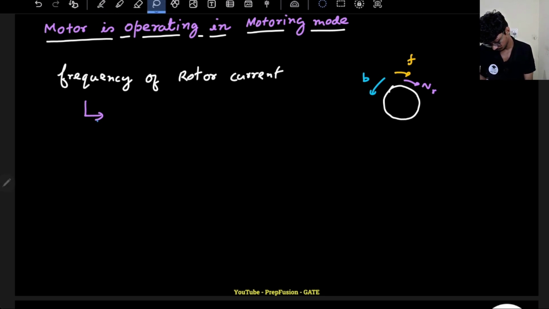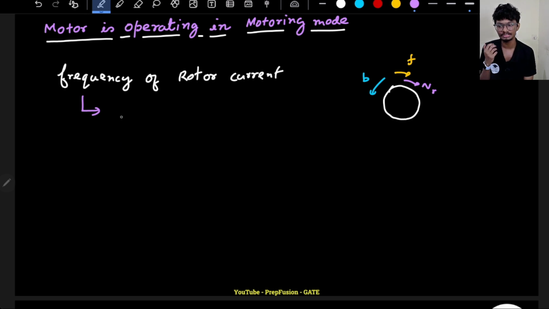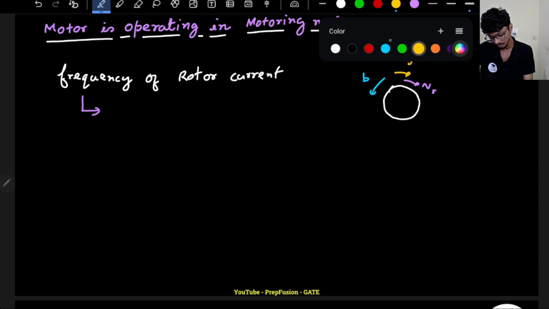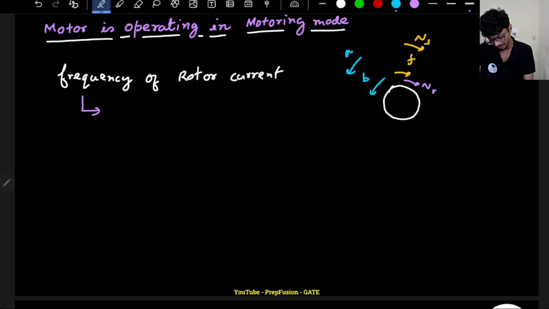Now for the forward field, what is the slip? Because frequency is dependent on the slip, right? So what is the slip? Obviously the forward field will rotate with the speed of ns in the clockwise direction, and the backward field will rotate with the speed of ns in the backward direction.